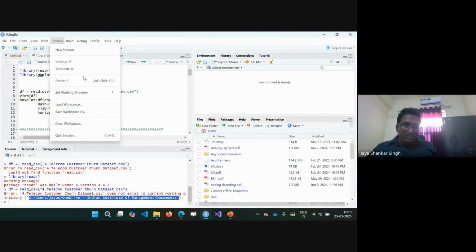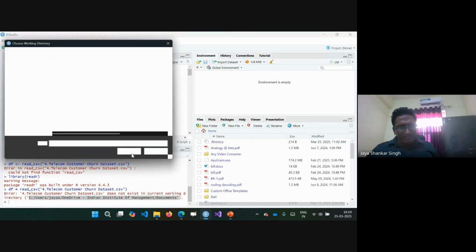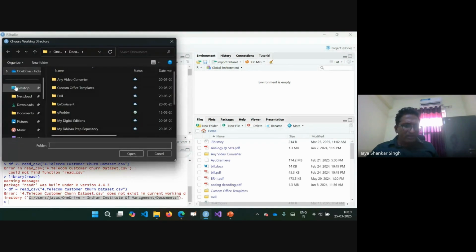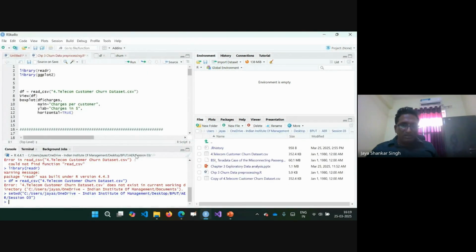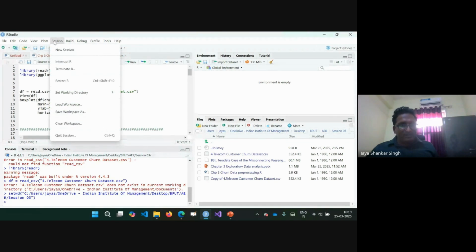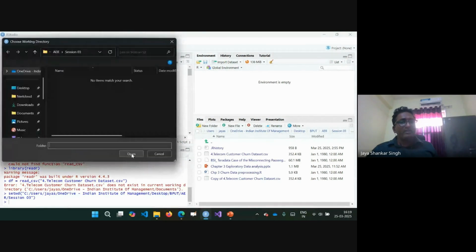Okay, I can go to Session, Set Working Directory, and click on Choose Directory. I will go to Desktop, BPUT, session 3. I hope my file is there in this folder. I will do that again: Session tab, Set Working Directory, Choose Directory.